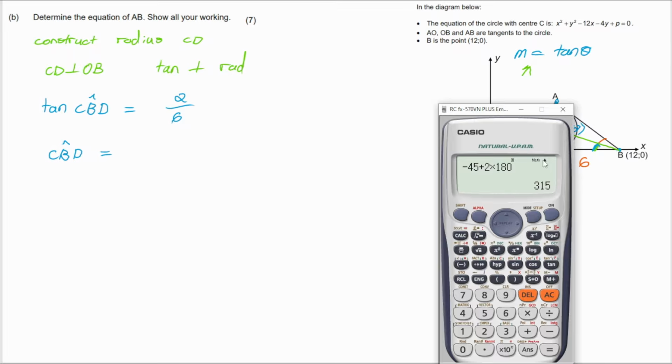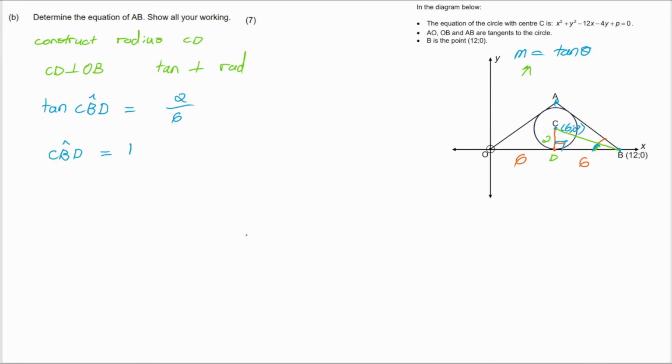If I open the calculator and do shift tan of 2 over 6, I get 18,4349. So the angle is 18,4349 degrees. Cool. I have this part over here. Now I just need to get this part over there.